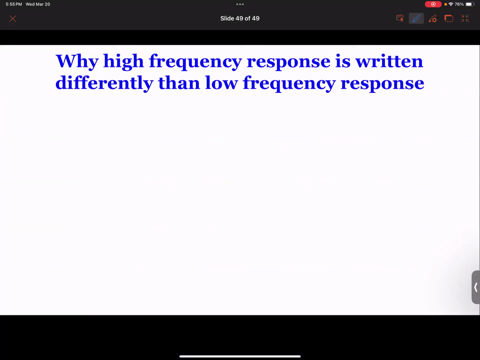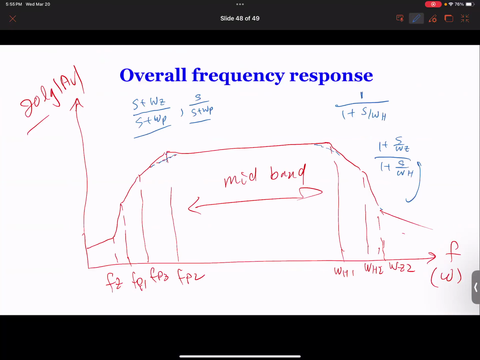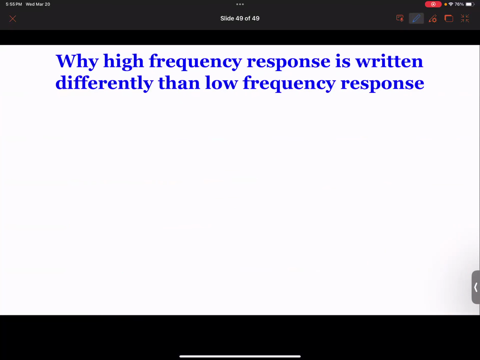I already discussed the way that this is written. Basically, S plus omega Z over S plus omega P, or this is 1 over S plus omega H. No, I mean, same thing, I made a mistake.